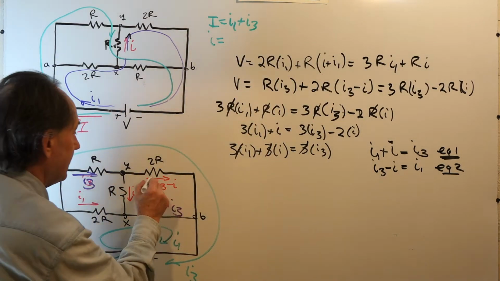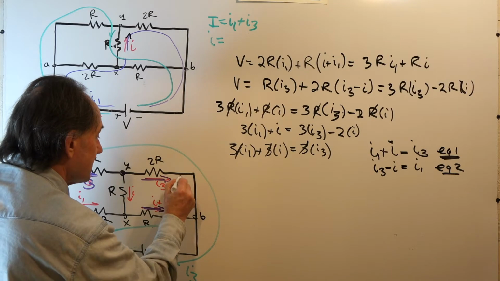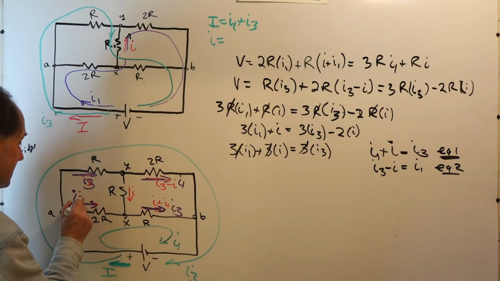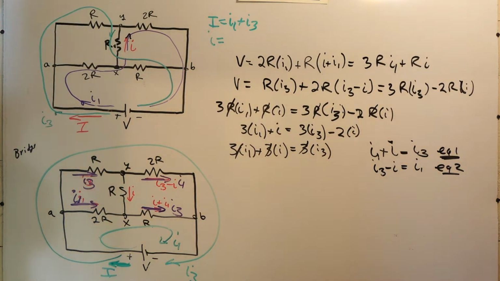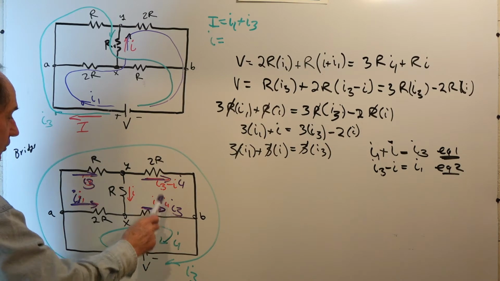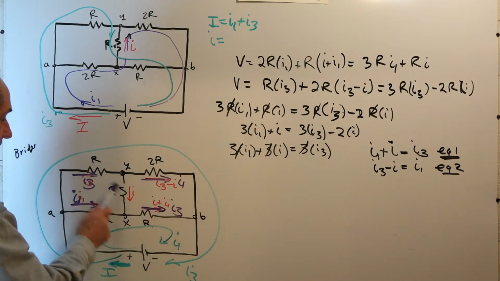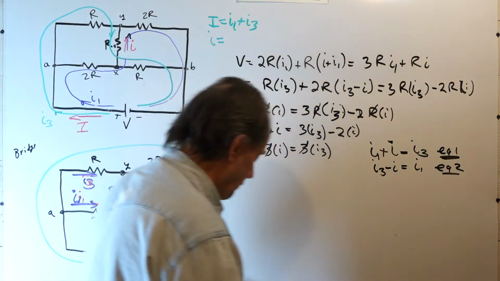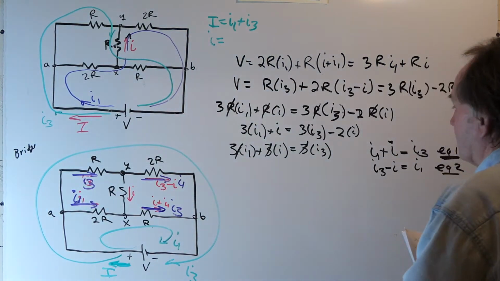I3 minus I, that's this current, and this is I1, which is this current here. So we see that this statement tells us that the currents across the arms in the same resistors have the same current. And we'll be using that symmetry fact here.